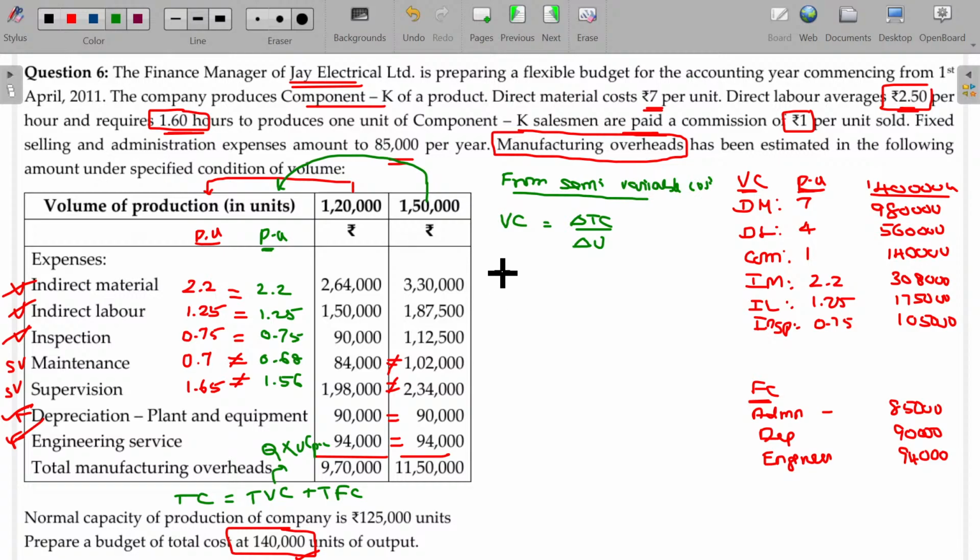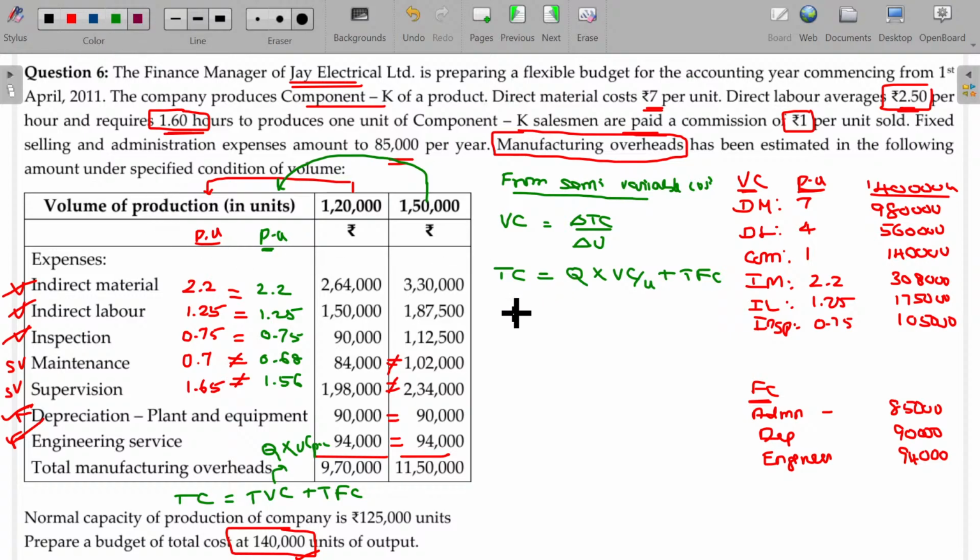So total cost is equal to quantity produced and sold multiplied by variable cost per unit plus total fixed cost. These are the two normal formula that you understand logically used here to segregate the semi-variable cost into variable cost per unit as well as total cost. Is that okay?